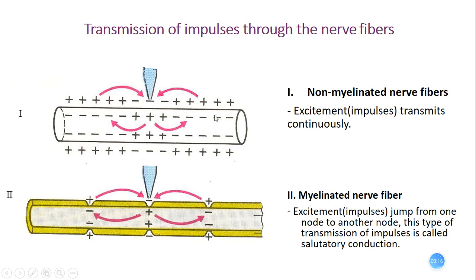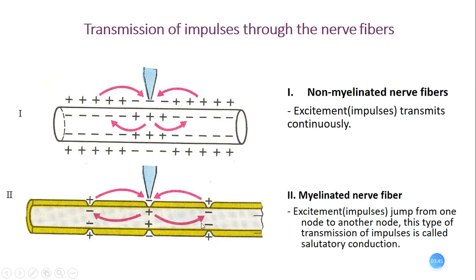And again here, transmission of impulses through the nerve fibers. This is number one, an unmyelinated nerve fiber, and this is a myelinated nerve fiber. Through this non-myelinated nerve fiber, the impulses are transmitted continuously, and it does not have any barrier. Here, this nerve fiber has myelin sheaths, and between the myelin sheaths we have nodes of Ranvier.